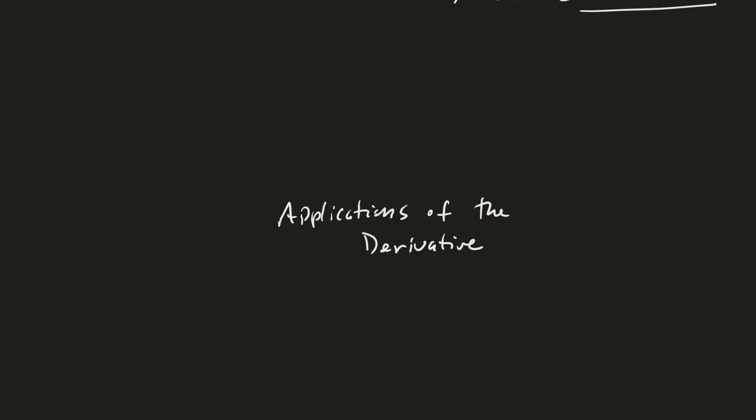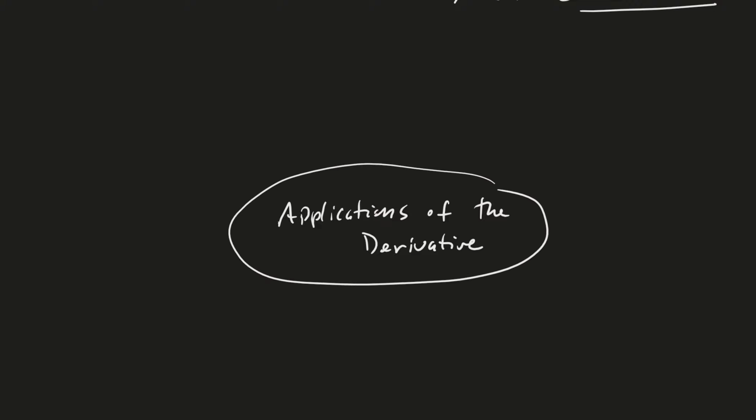And so the main applications of the derivative are linearization and approximation. And we saw that in section 3.10. Okay, and so for the linearization, do you remember what that is?